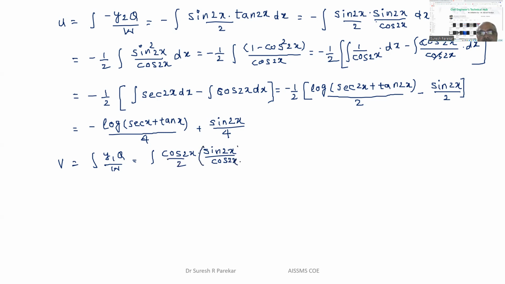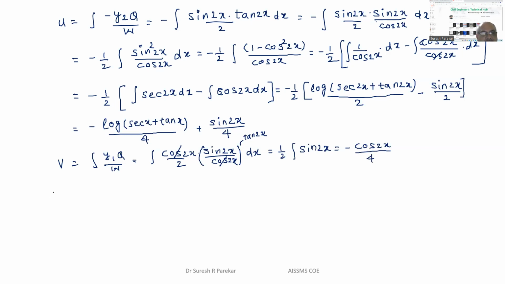Directly I have written this as tan 2x into dx. So this cos 2x gets cancelled, and we have this equal to 1 by 2 integration of sin 2x.